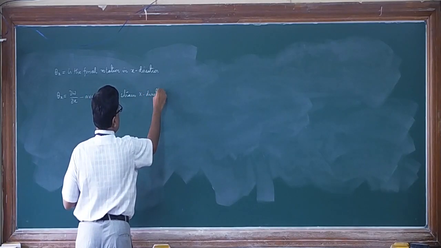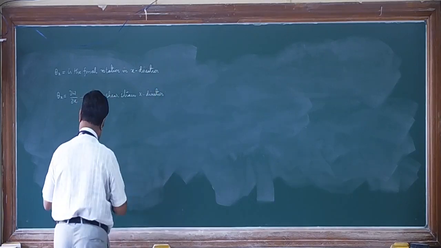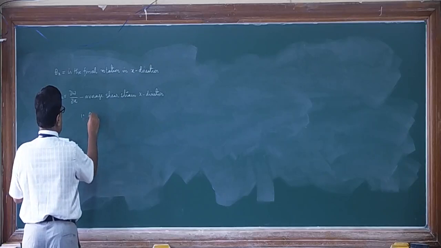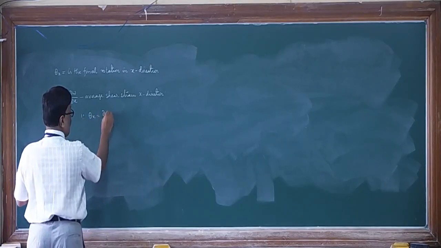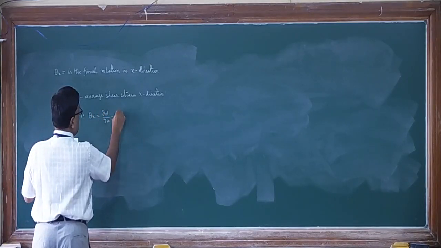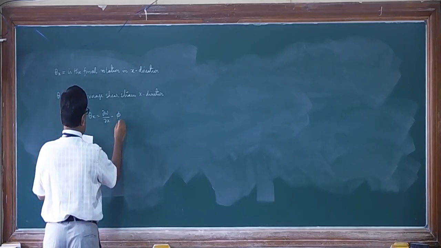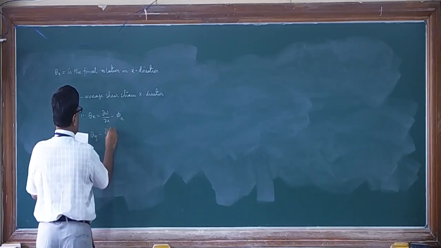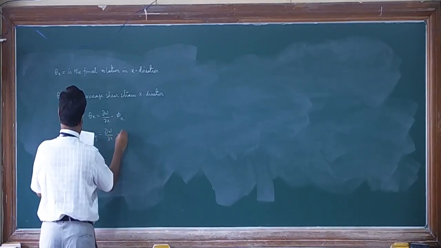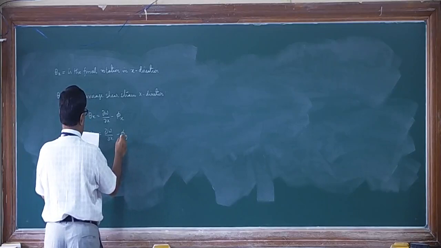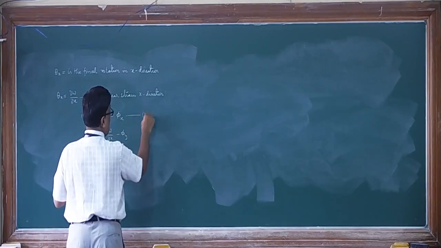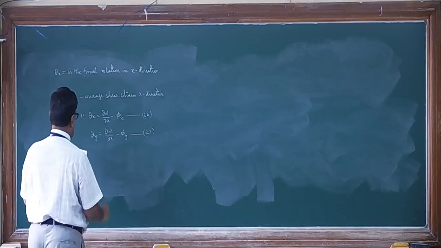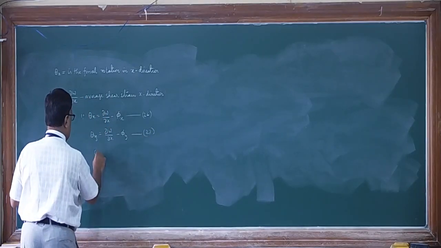So therefore, theta x is given by dou w by dou x minus phi x. This is the strain. And similarly, theta y is given by dou w by dou y minus phi y. You can call these equation 26 and equation 27.